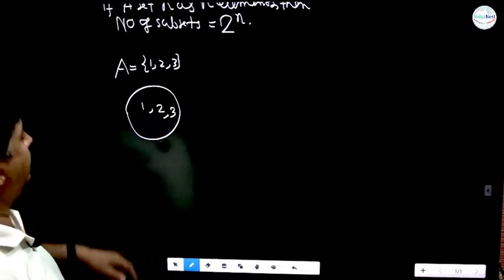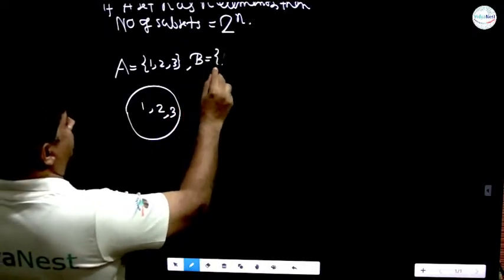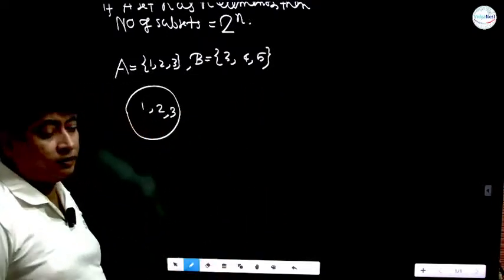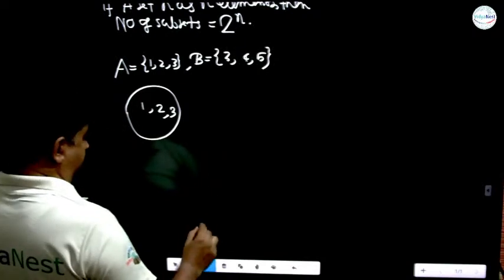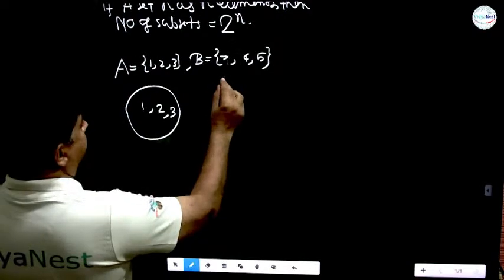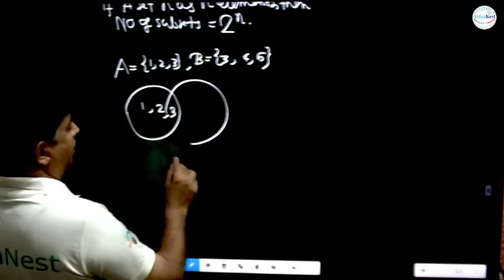And another set, that is 3, 4, 5. Partially overlapping.